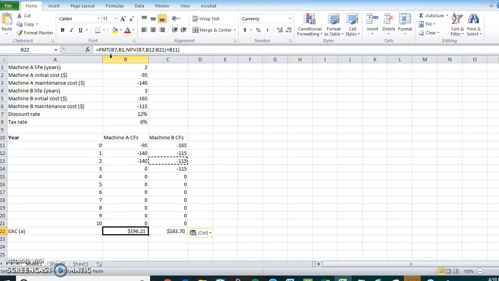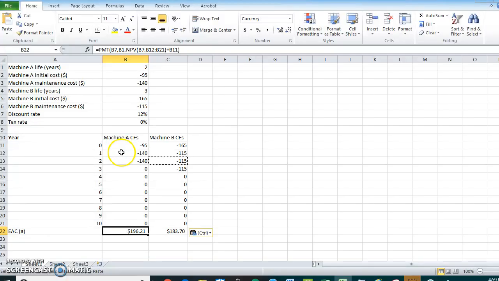open parentheses, discount rate, which in my case is B7, comma, machine life, which in my case is B1, comma, NPV, which is our second formula, open parentheses, discount rate, comma, B12, which is the machine's cost year one, colon, B21.